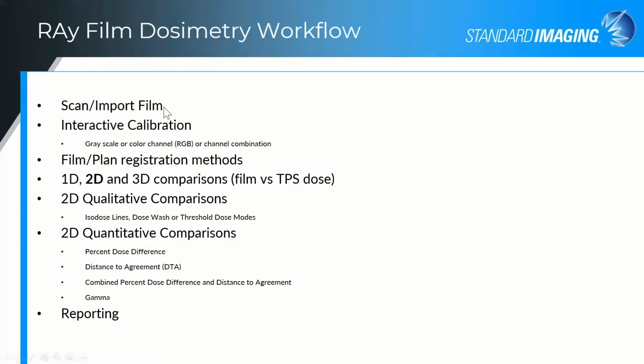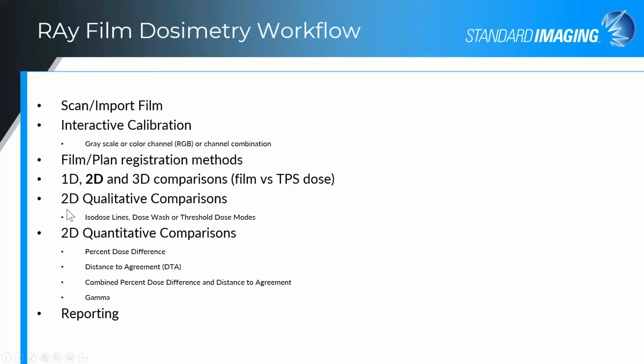After scanning and importing of the film, the interactive calibration can be performed using grayscale or color channel combinations. There are multiple film plan registration methods, as well as 1D, 2D, and 3D comparisons between the film and the dose plane you're analyzing.